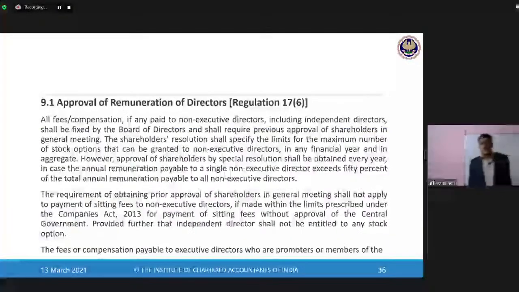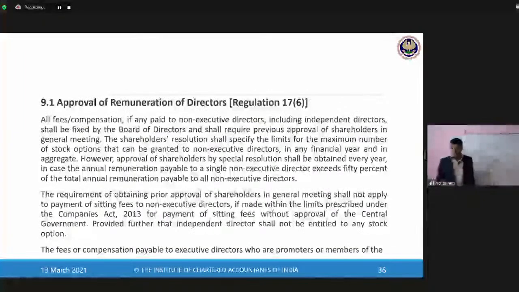Moving further on to the approval of the remuneration of the directors. Now, what are the requirements related to this? All fees and compensation, if any, paid to the non-executive directors, including independent directors, shall be recommended by the board of directors and shall require approval of shareholders in the general meeting.